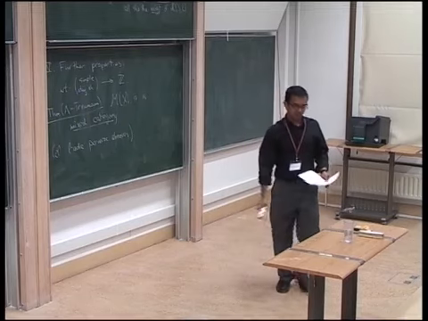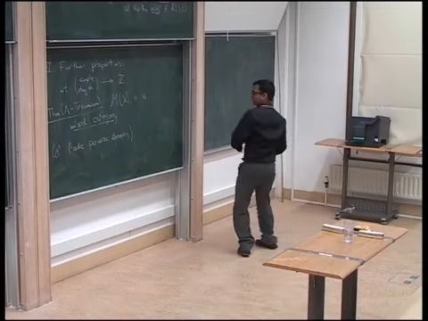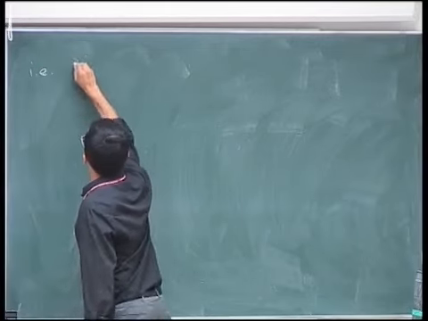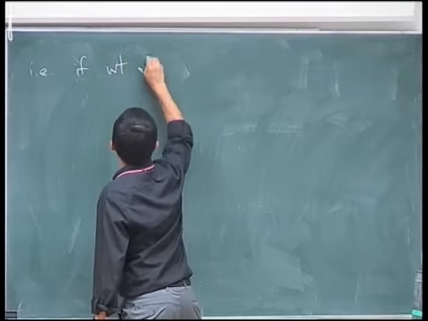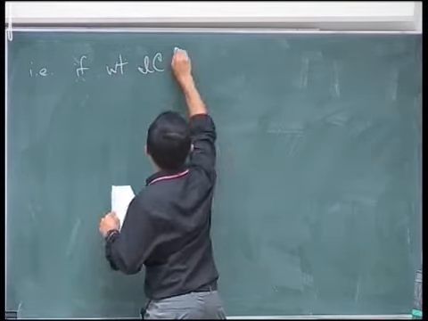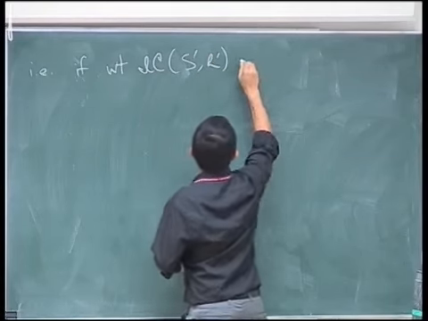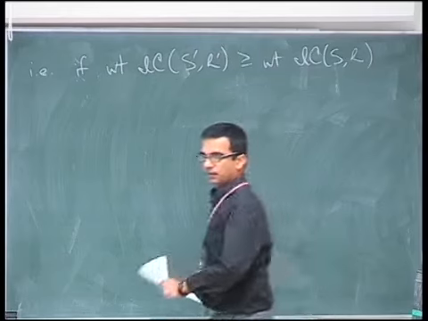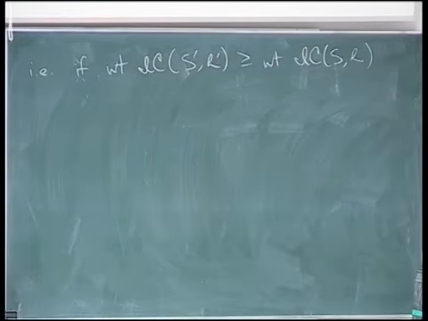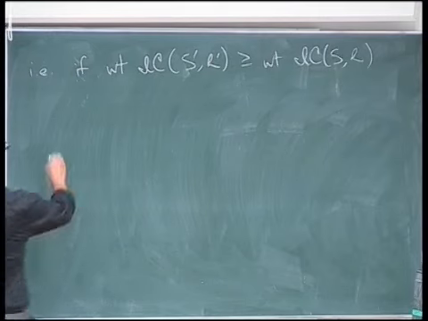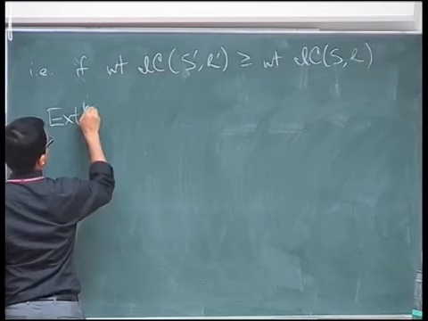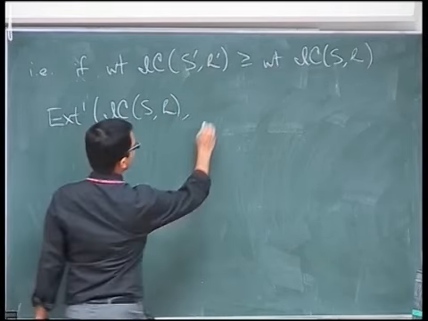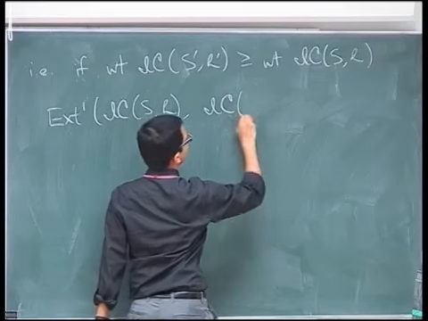It says that if you take two simple objects, IC_{S',L'} and IC_{S,L}, and the weight of IC_{S',L'} is at least as big as that of IC_{S,L}, then the Ext^1 group between those objects vanishes. Maybe I should have written them in the other order. So if you take Ext^1 with the non-prime one first.